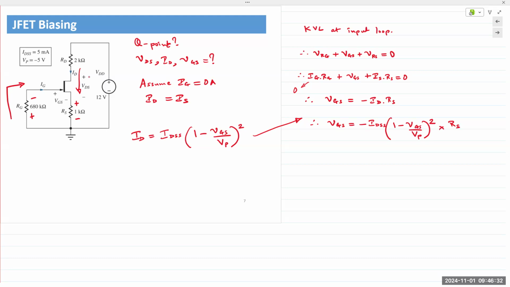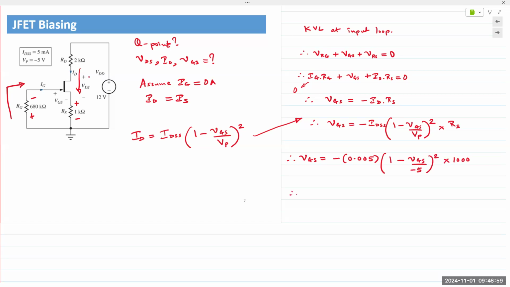And so let's go ahead and do that. VGS is equal to minus 5 milliamps, so 0.005, times 1 minus VGS over minus 5, whole square, times 1,000.